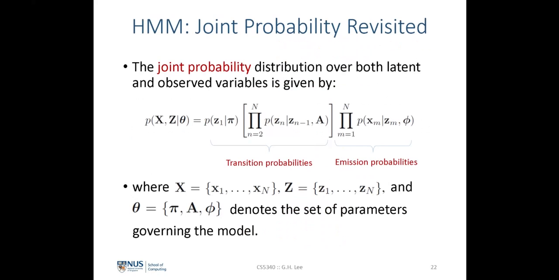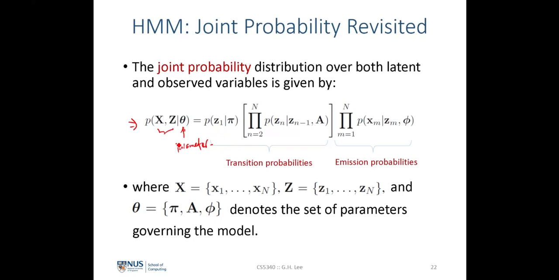Now we can see that the joint probability distribution of our hidden Markov model over both the latent and observed random variables can now be formally written as this expression over here, where we have the joint probability distribution of x and z conditioned upon our unknown parameters, which we define as theta, where theta over here is going to be pi, which is our categorical distribution for the first latent random variable z1, as well as our state transition matrix A, and our emission probability parameter phi over here.